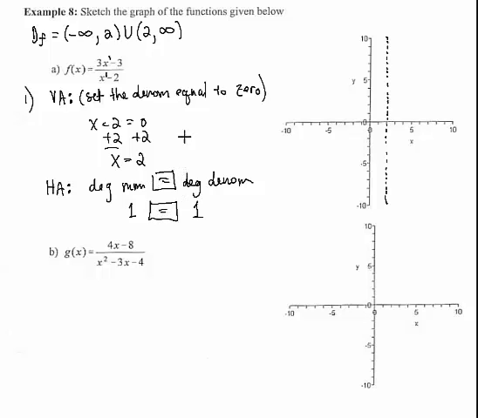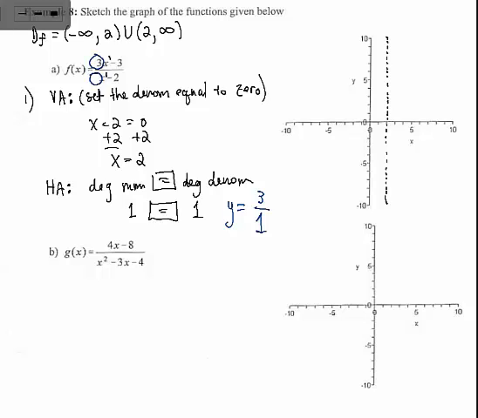That means that we take the ratio of the leading coefficients, and the leading coefficients are 3 and 1. They're the numbers in front of the variables from which we took the degrees. So we would say y equals 3 over 1. And that results in a horizontal dashed line on our graph of f of x.